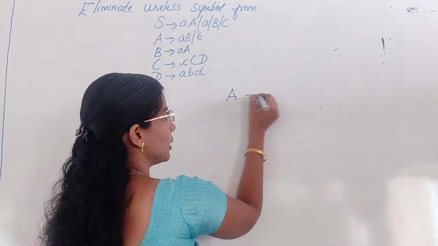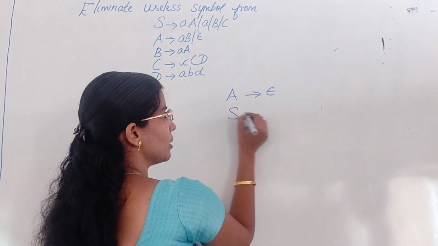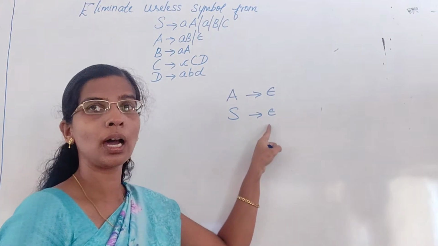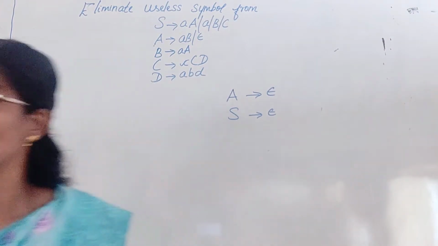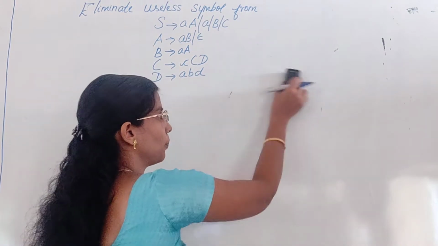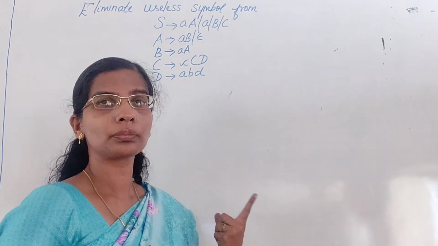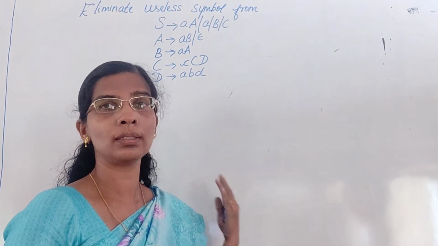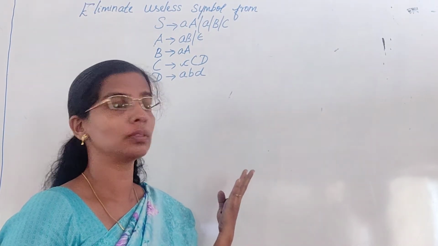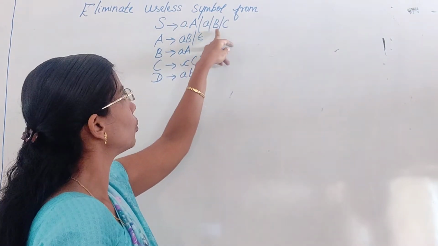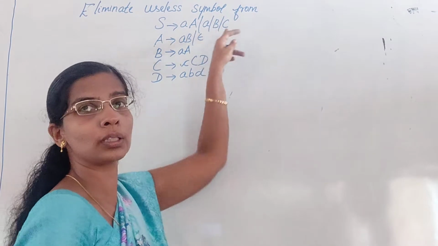Something like this, A tends to epsilon, S tends to epsilon. You should have only epsilon in the RHS. Such productions are known as epsilon productions. In the previous grammar, we don't have this epsilon production, but here we have epsilon production, and moreover we have some unit productions.